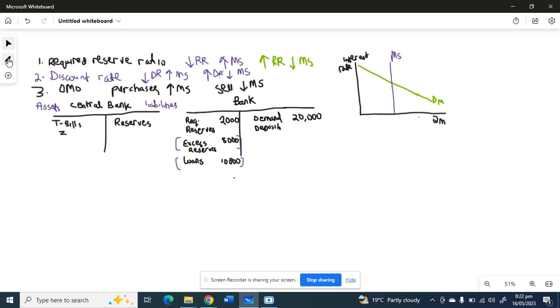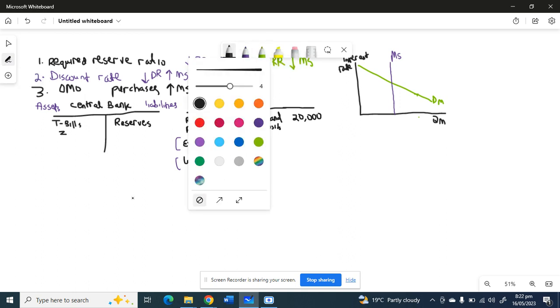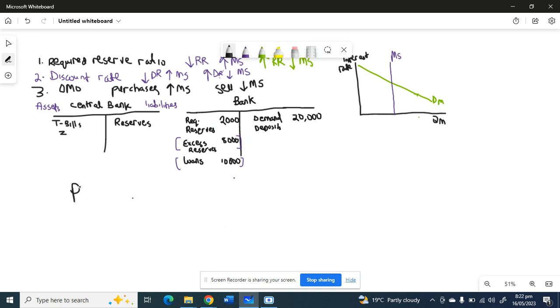So let's say, for example, the central bank wants to increase the money supply, it purchases treasury bills worth 10,000 from this commercial bank.